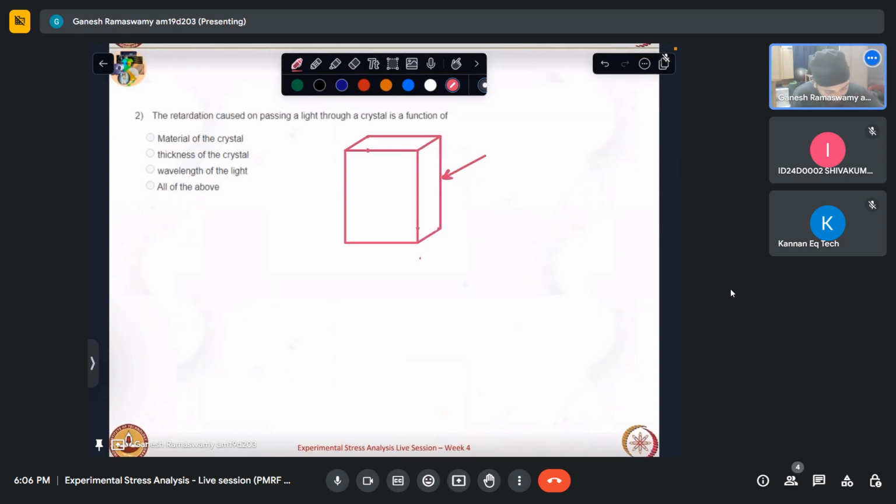So let this be the thickness h of the model. Let us denote that by h. And from here we have the fast and slow ray coming out. So let the retardation be delta.